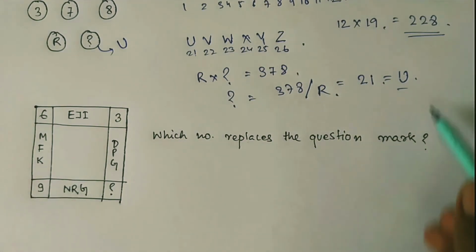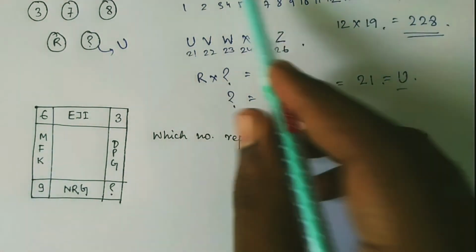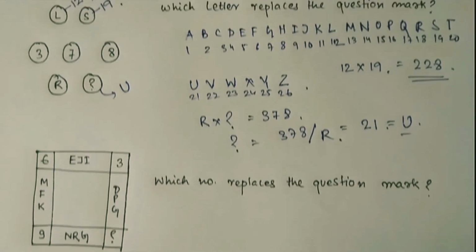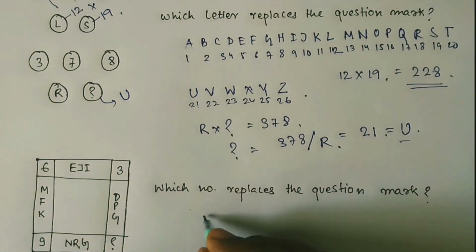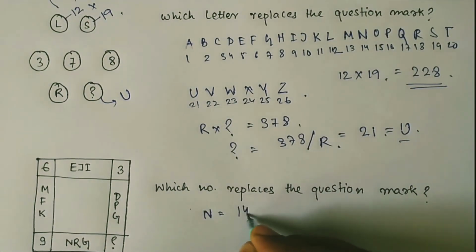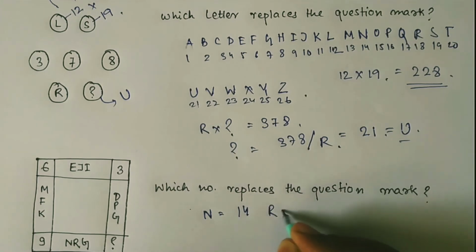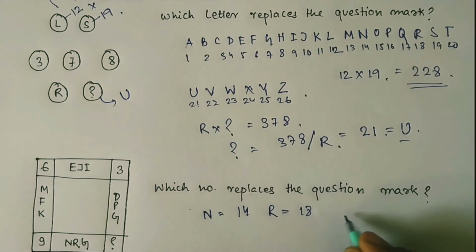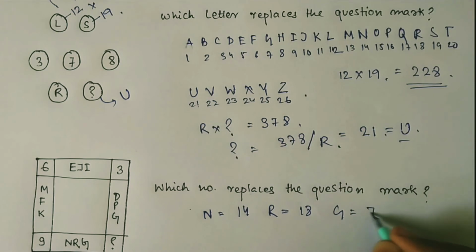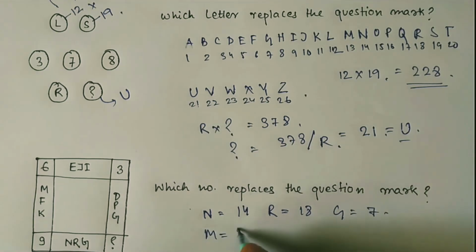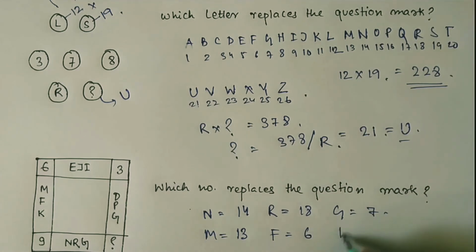So N, R and G: from the previous table above, let us find the values of N, R and G. So N, the numerical value is 14. For R, the numerical value is 18, and for G, the numerical value is 7. And for M, the numerical value is 13. For F, the numerical value is 6. And for K, the numerical value is 11.